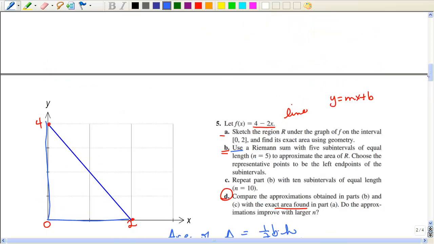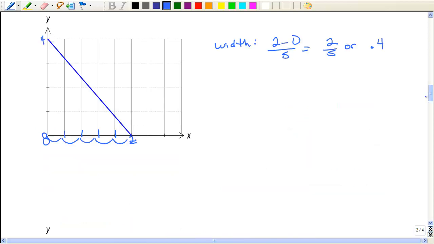It says use a Riemann sum with 5 subintervals to approximate the area of R, choose the representative points to be the left endpoints. Left endpoints. All right, so I have to draw 5 rectangles, and I'm going to use the left endpoints. So that means my first endpoint is 0. And so I have this rectangle.